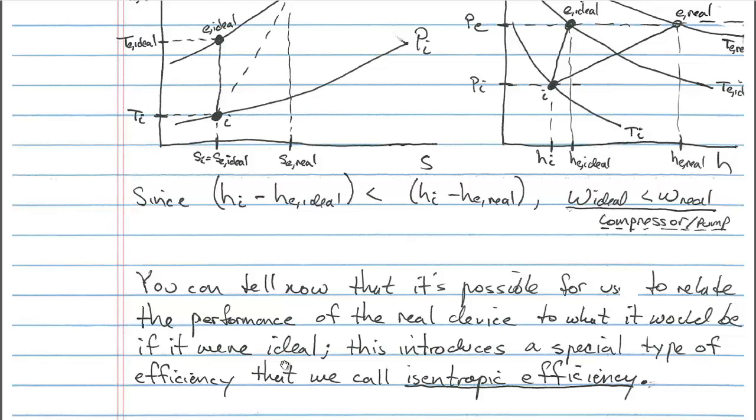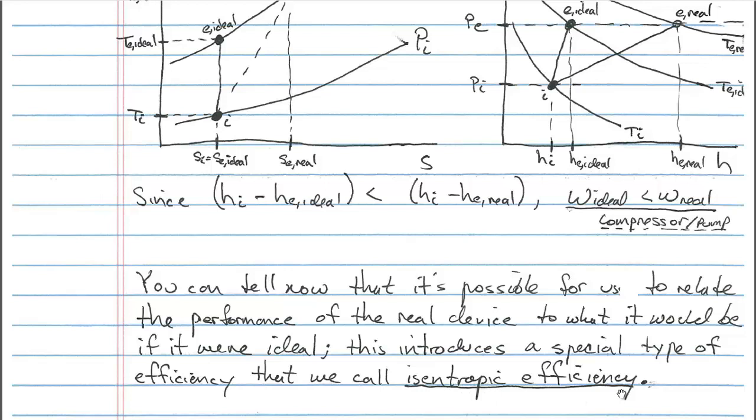We can ask ourselves, how good is the real process compared to if this were an ideal process? Okay, so by virtue of that possibility, we introduce a special type of what we call an efficiency, and we call this an isentropic efficiency.